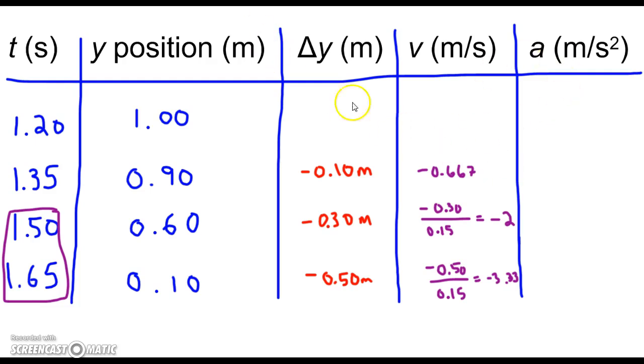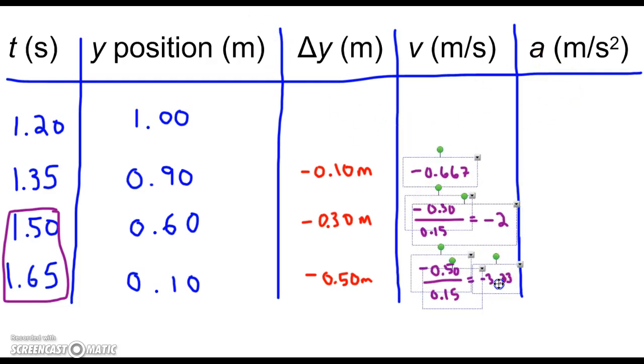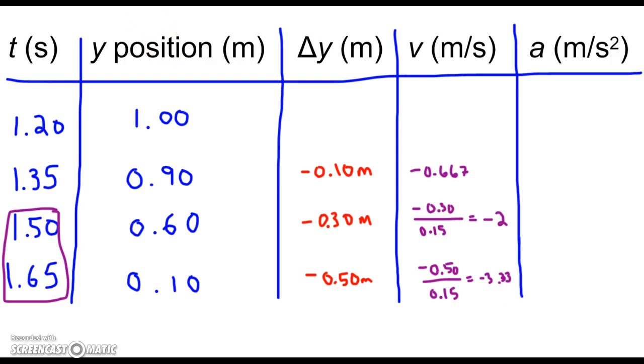The last thing we'll do is find the acceleration from this velocity data. So let's use green for that. Acceleration is equal to the change in velocity over the change in time. The change in velocity is just final velocity minus initial.